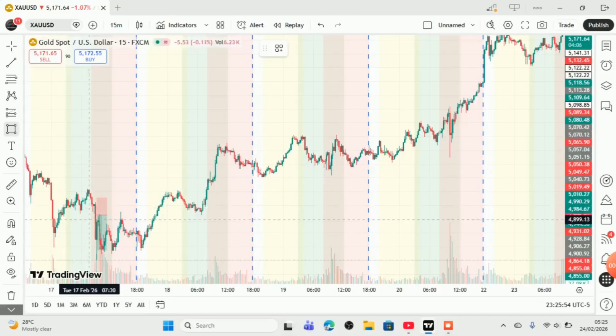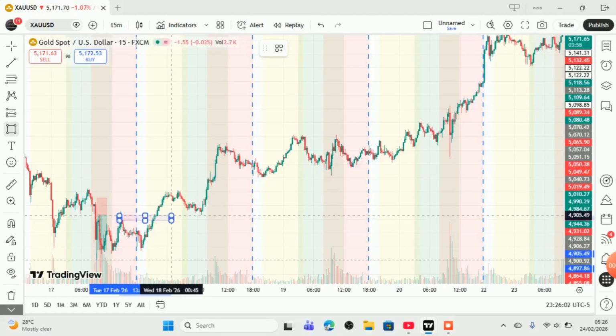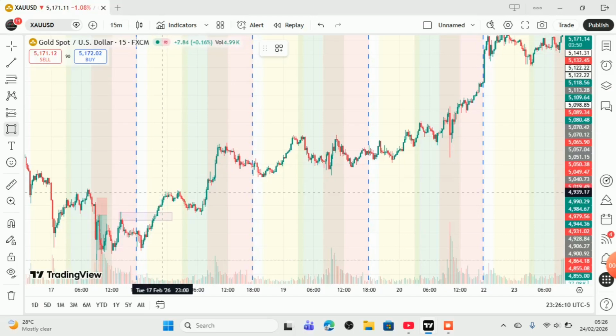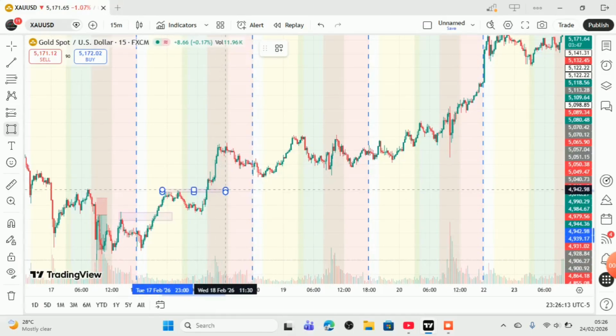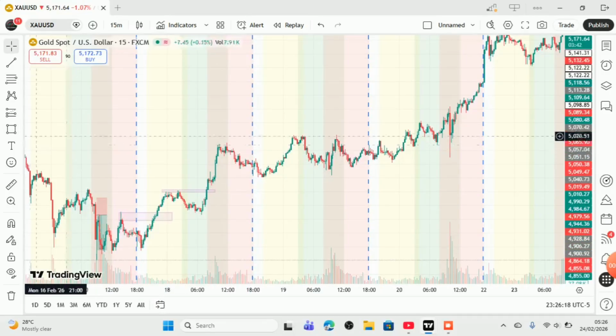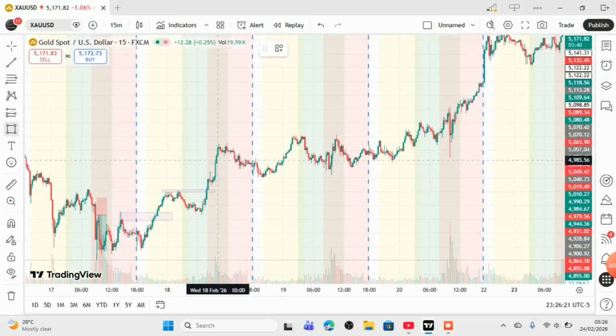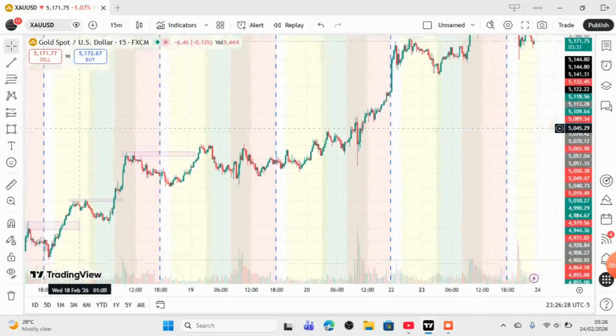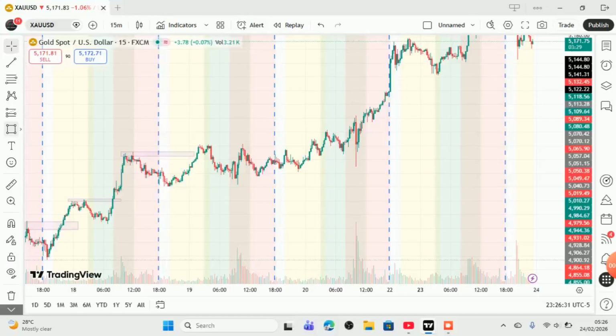So at this zone, the market broke this zone. We are going to be taking this zone, then we are going to be taking this zone, then this zone, then this zone.